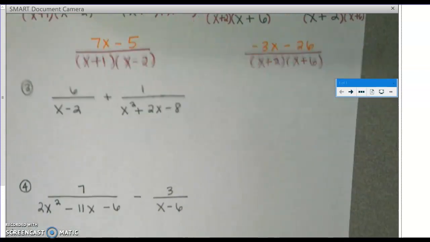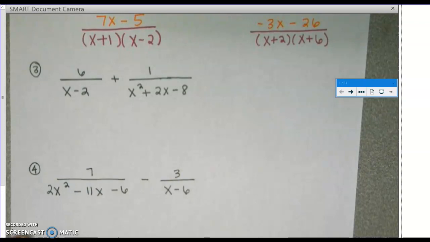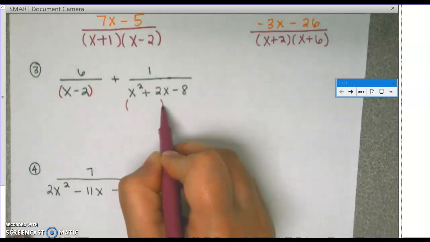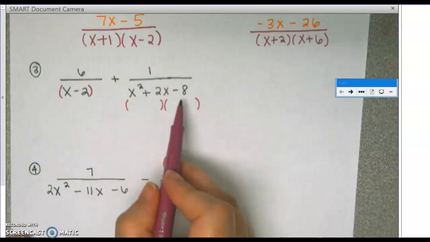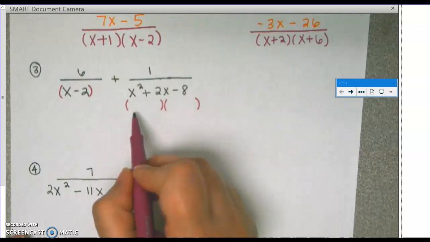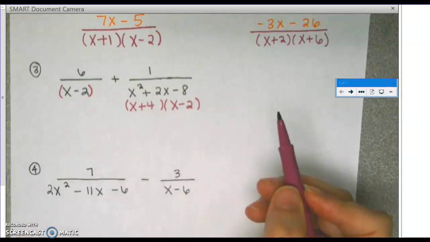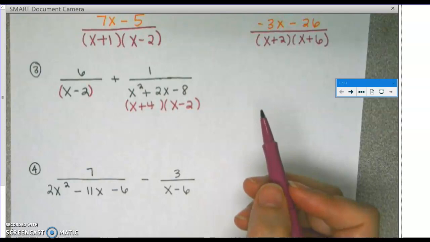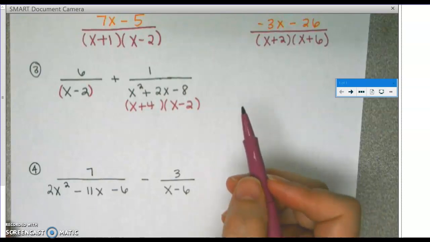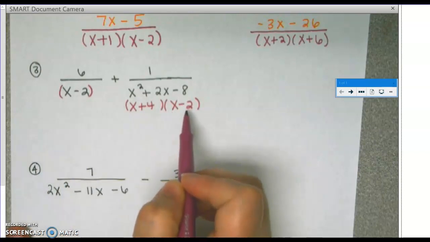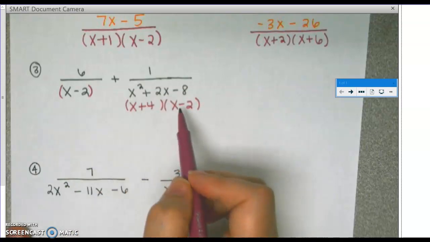All right, next example. I can tell that this is linear, but this is quadratic, which means I can probably factor this. So factors of negative 8 that add up to 2 would be x plus 4 and x minus 2. So you can see in this case, they both actually already have an x minus 2. So I don't need to multiply anything by x minus 2 because they both already have it.